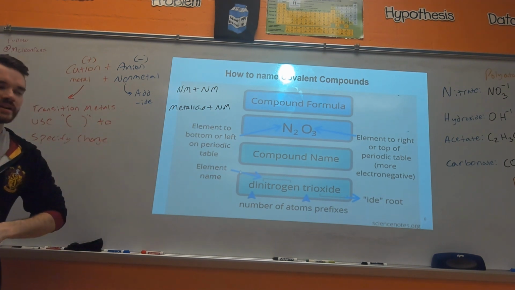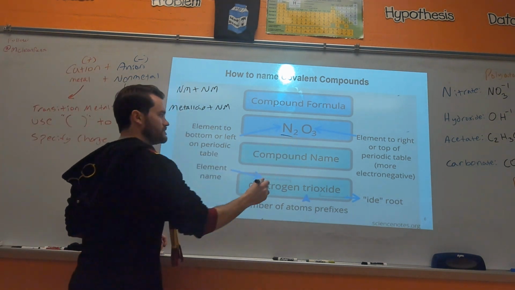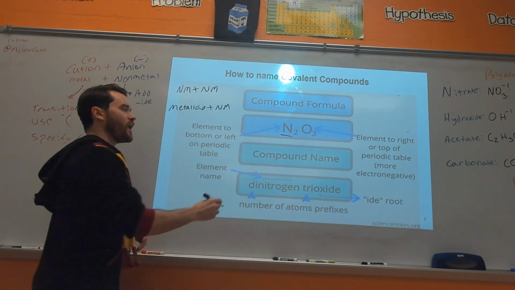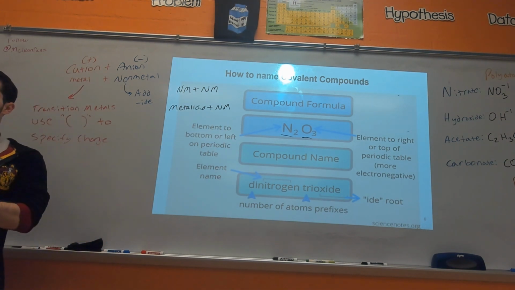All right, so this is a good summary slide. Basically, if they give you N2O3, you know that this is a covalent compound. How you know that is nitrogen, that's a nonmetal, oxygen, that's a nonmetal, so it's going to be covalent.